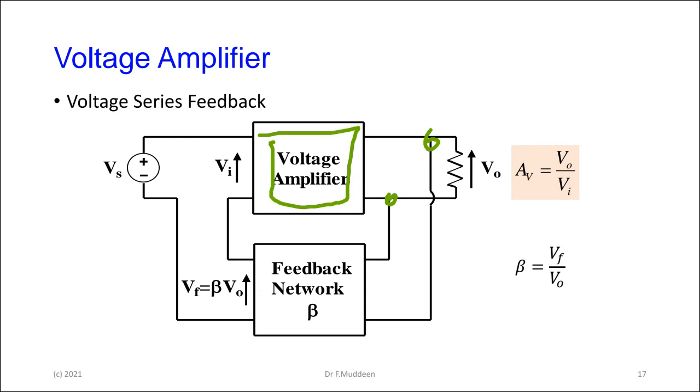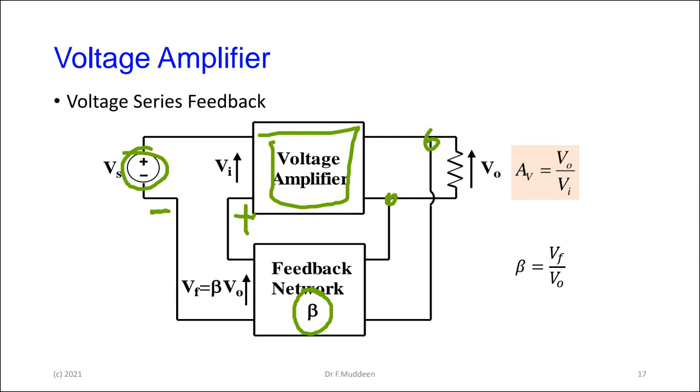Notice the polarity of the voltage. In other words, here's negative and here's positive, right? That's how we're getting the negative feedback coming in, so that the actual feedback voltage is being subtracted from the source. Remember, that is negative feedback. Of course, the open loop gain is V out over V in, and the feedback network is taking some V out and multiplying it by some gain factor beta, so that VF is beta times V out.